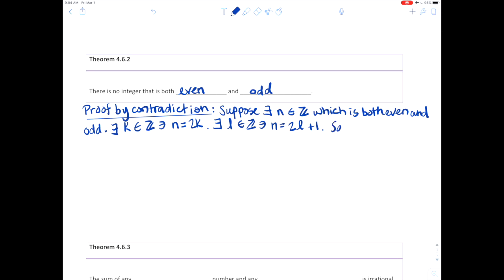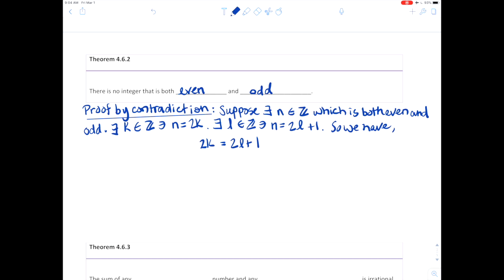So what do we have? Good. 2k would have to be equal to 2l plus 1 because we're supposing that there's this specific integer n that is both odd and even.